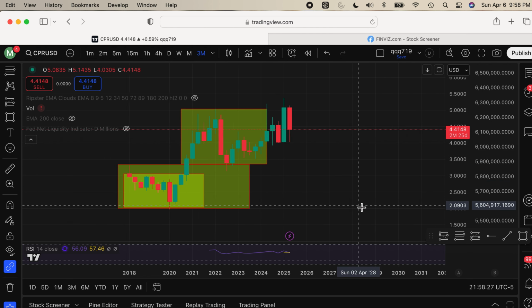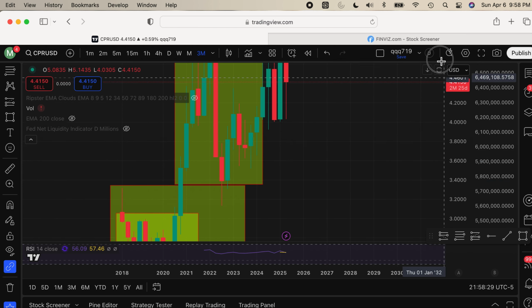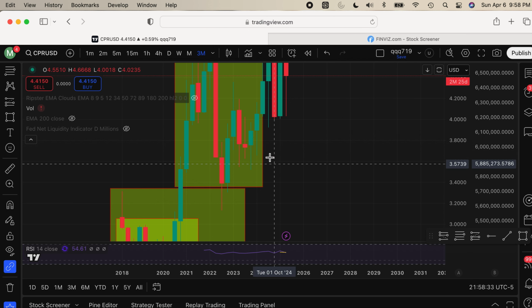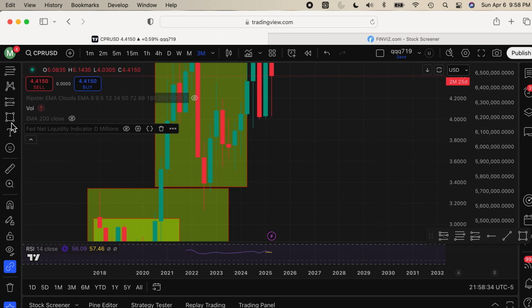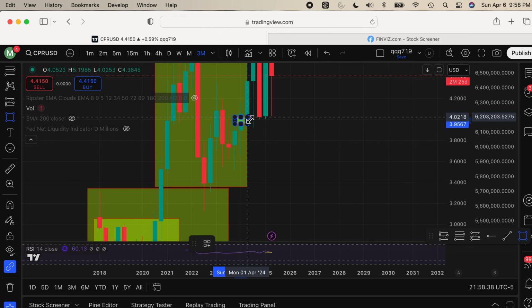Where would they want to go lower to? They would want to go to the next unfair value area right here. Come on. Oh my goodness.